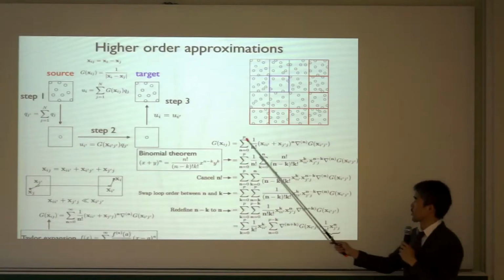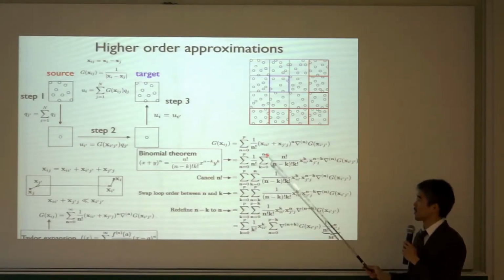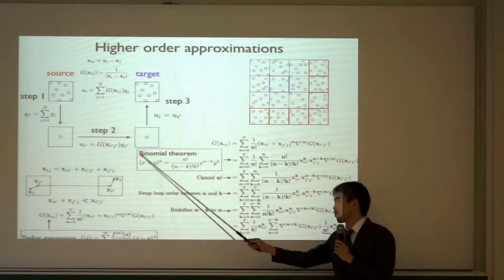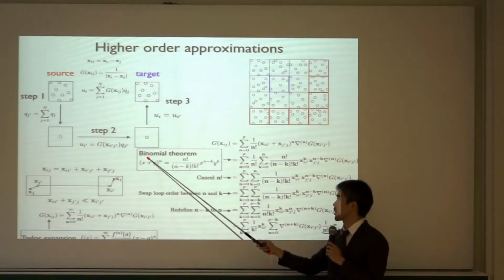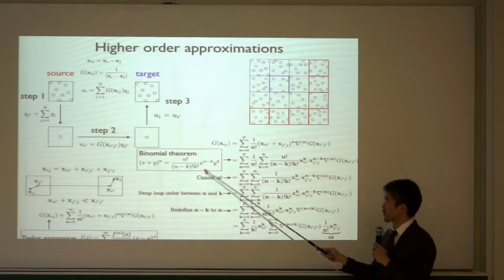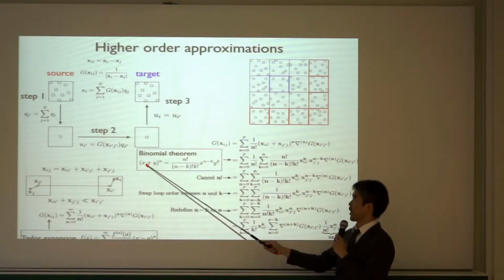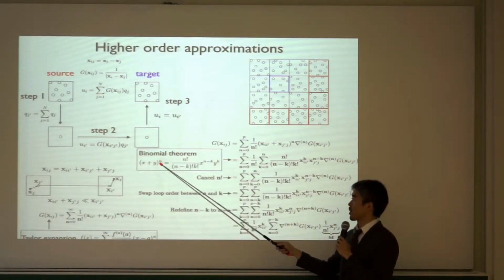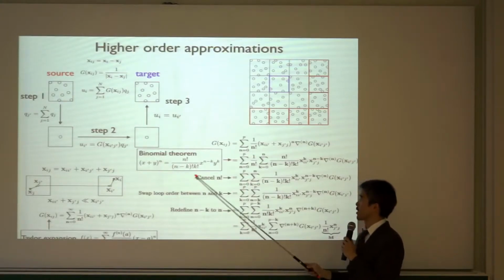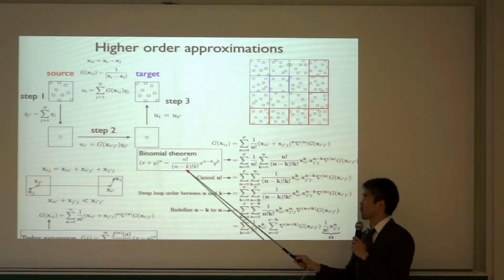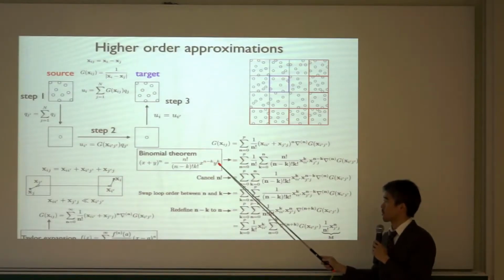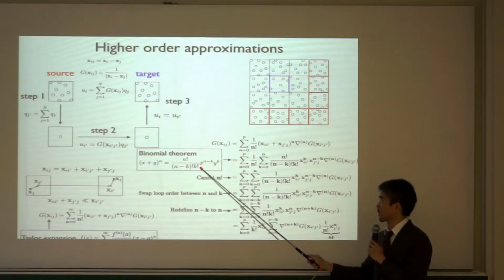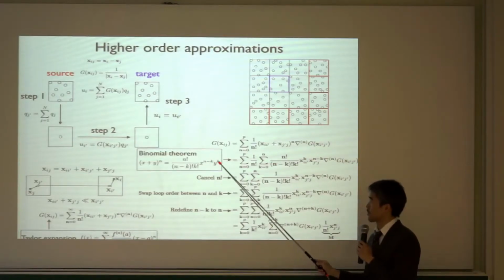Then in this equation here, we apply only one more mathematical formula, which is the binomial theorem. This is also high school level math. If you have x plus y to the nth power, this can actually be written in this combinatorial form between x and the product of x and y to these different powers.